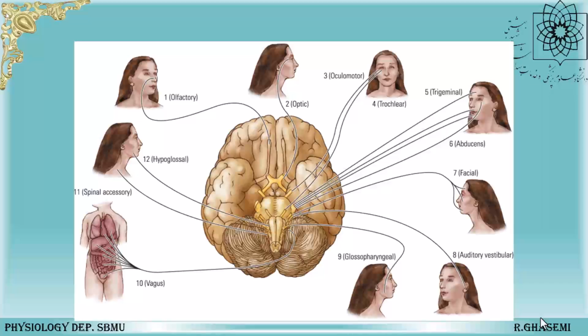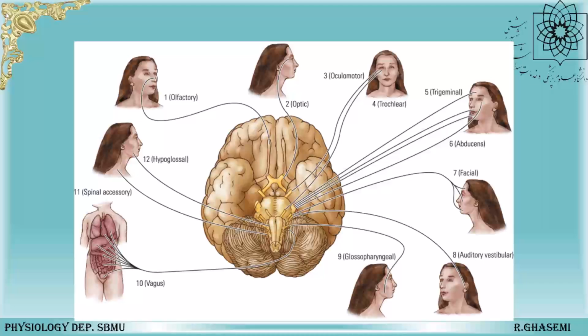Building on what we covered last time, you remember that we were evaluating the physiological function of the central nervous system. I told you that when we want to evaluate and visualize the function of the nervous system, different parts of the nervous system should be covered.